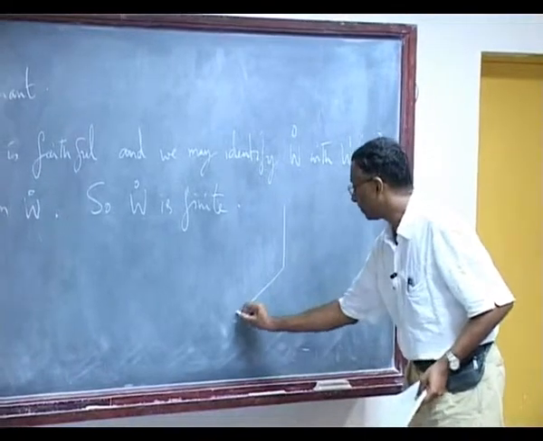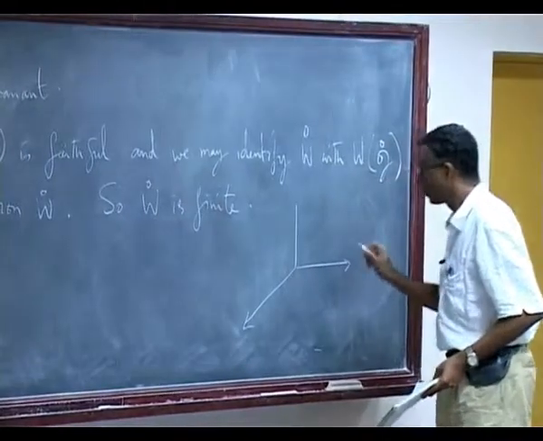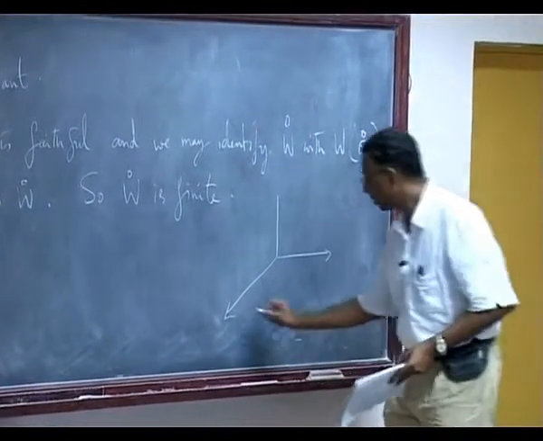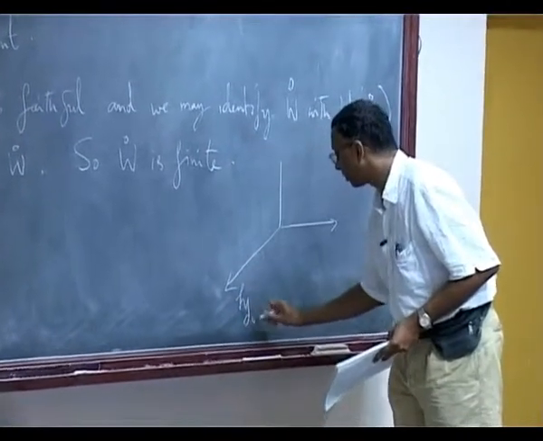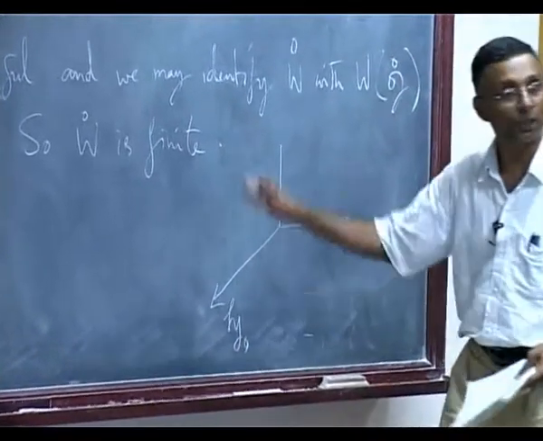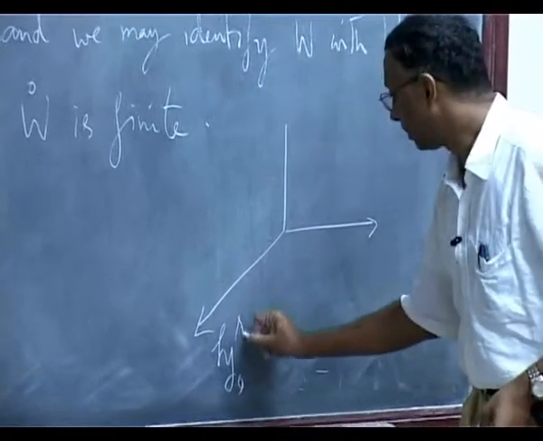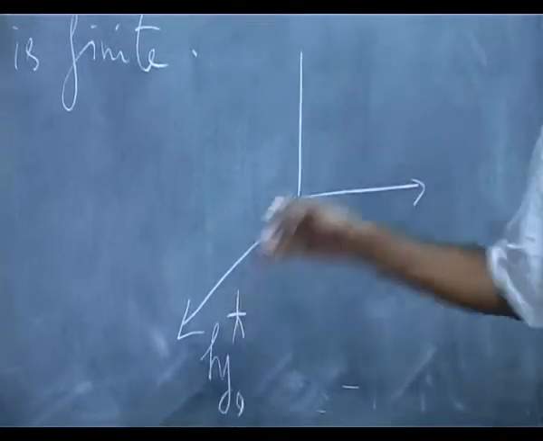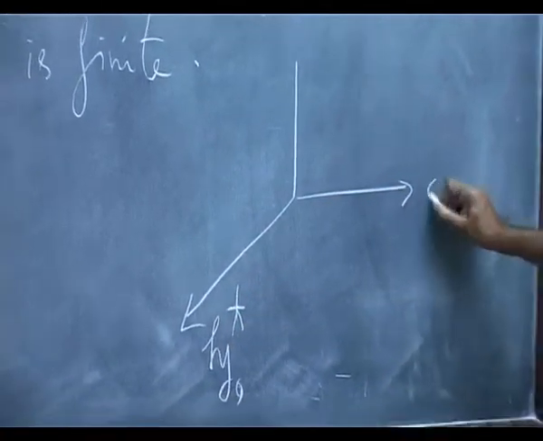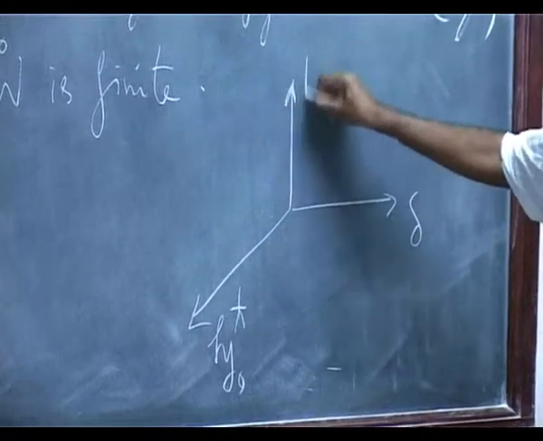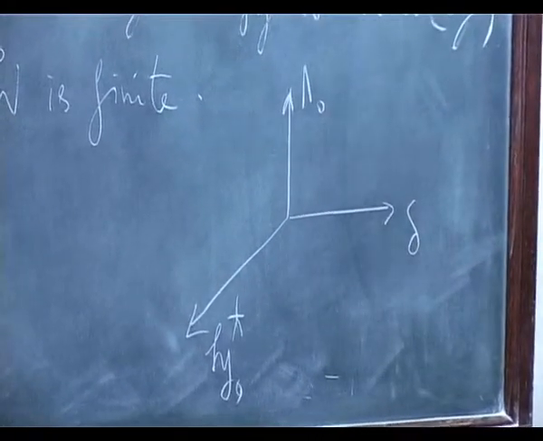So think of this. I will draw a picture of my H star. I'll put H naught star on one axis, I'll put delta on this axis, and I'll put lambda naught on this axis.